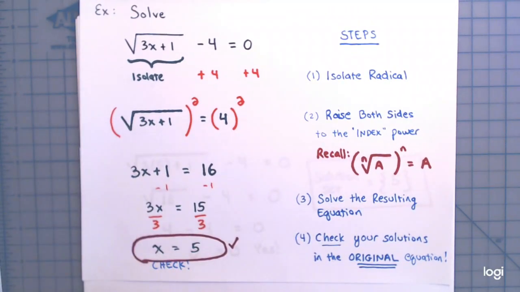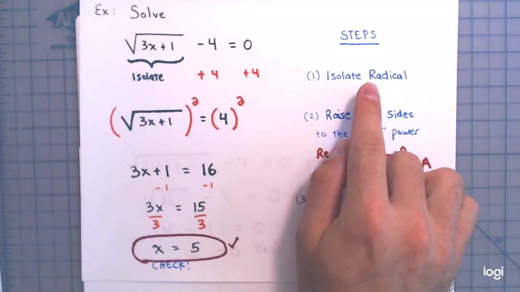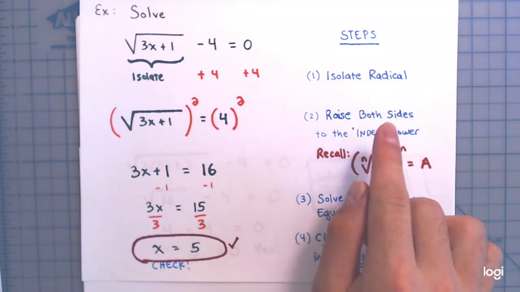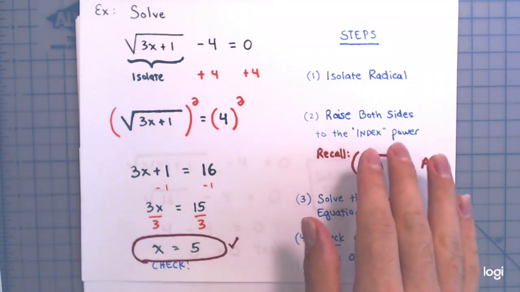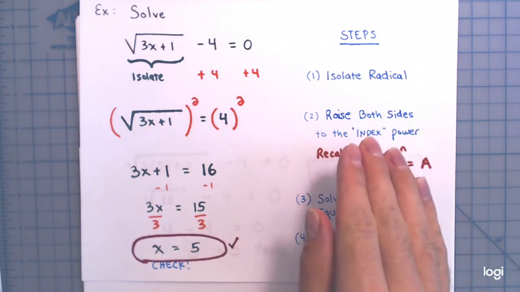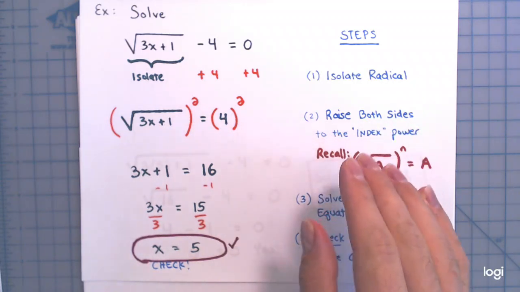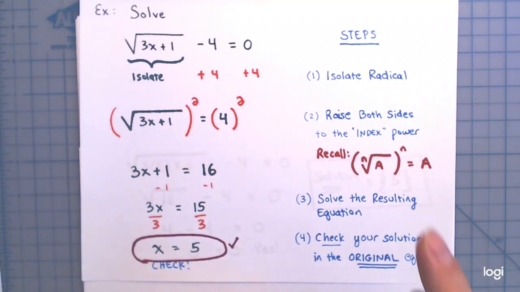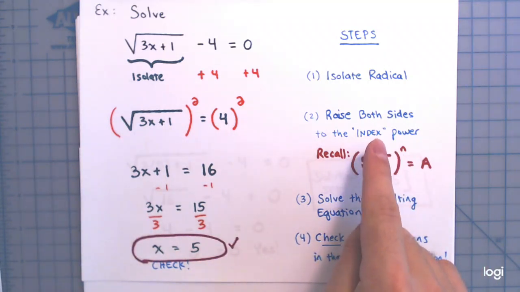Okay. So let's go through the steps one more time. I'm going to follow these same steps in every single example I do when I'm solving a radical equation. Isolate a radical and remove that radical by raising both sides to the index power, whatever the index of that radical was. And be careful: this step may cause an issue later.